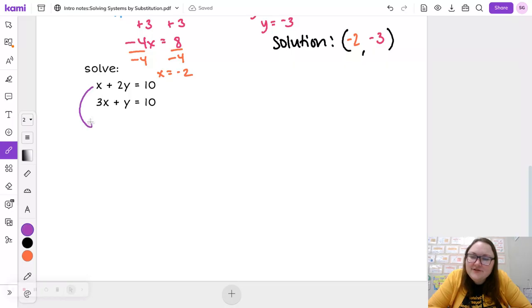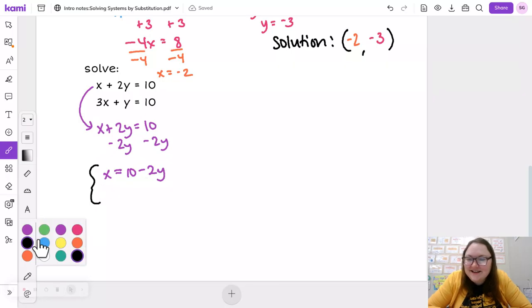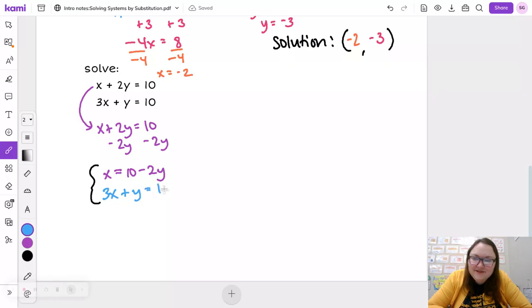I'm going to go ahead and I'll do the first one. If I solve this equation for x, I'm going to subtract 2y on both sides, and that gives me x equals 10 minus 2y. And so my new system, my first equation is this, and then my second equation is 3x plus y equals 10.